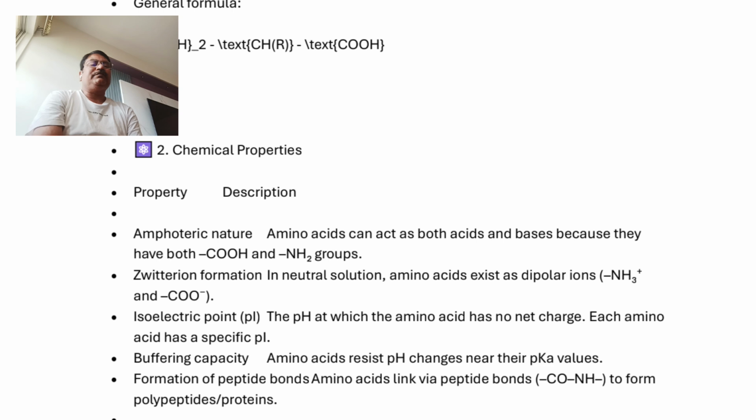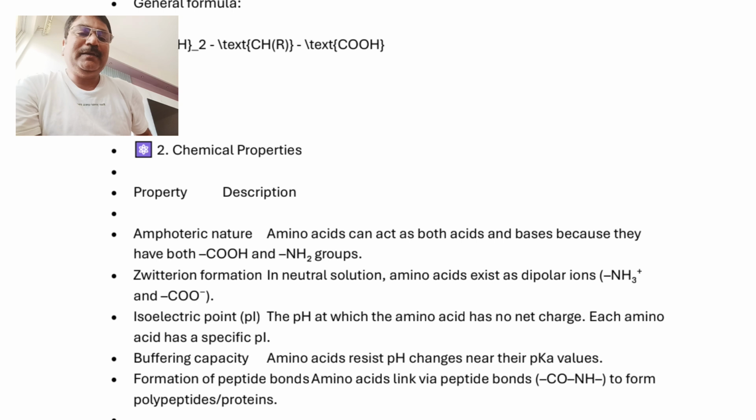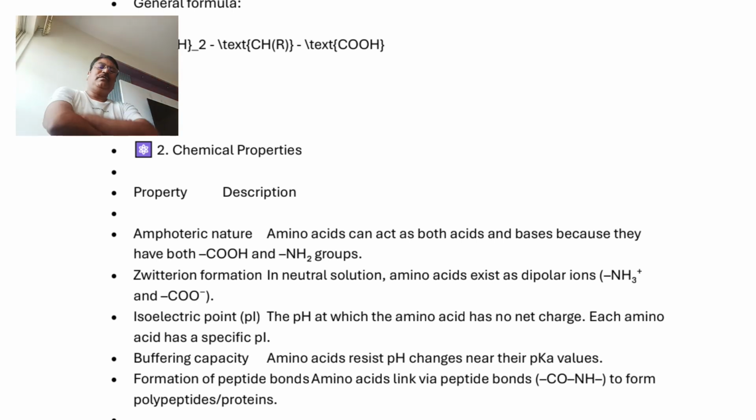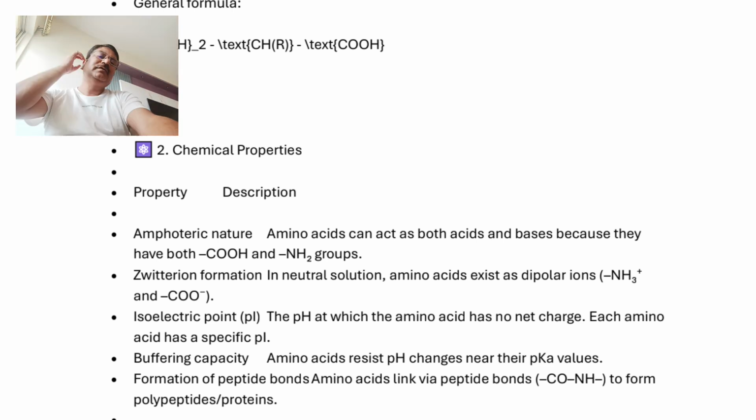So this is a very important property, that alpha amino acids give formation of polypeptide linkage. And how does it happen? The NH2 group of one alpha amino acid combines with the carboxylic group of the same or another amino acid of a second molecule so as to form various kinds of proteins.